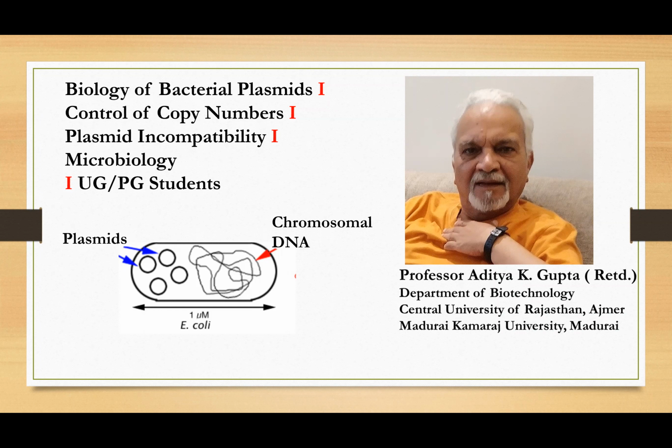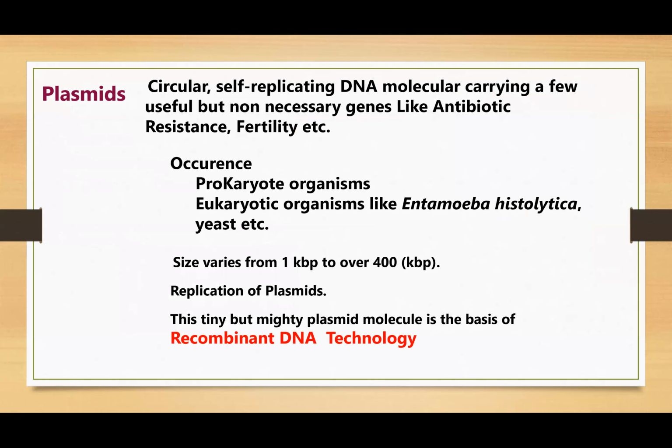Now, before I come to these topics, I would like to refresh your memories about some facts we know about plasmids in general. As you may recall, plasmids are circular and self-replicating extragenetic material present in prokaryotic cells or bacterial cells.